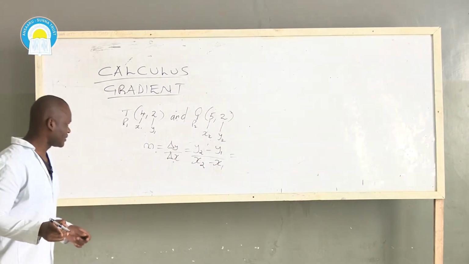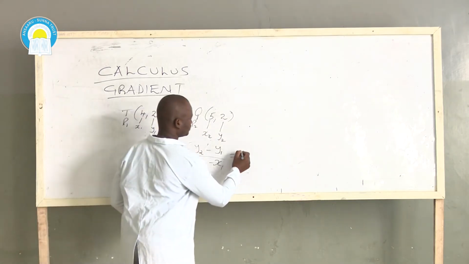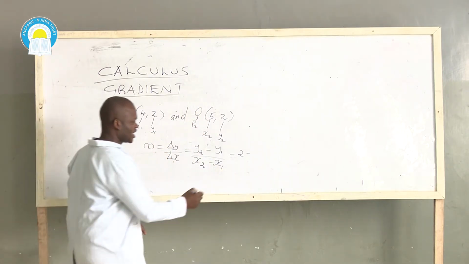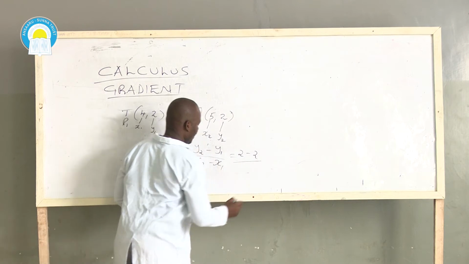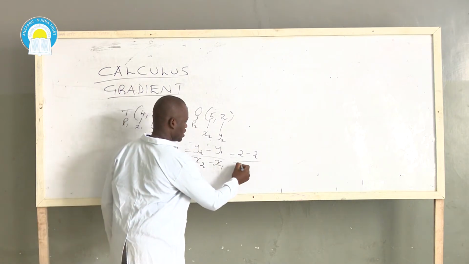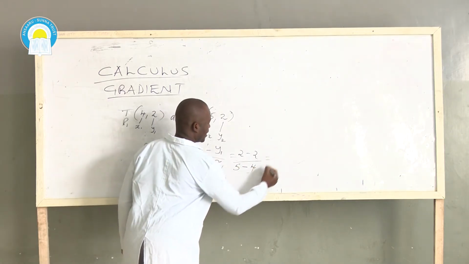Then our substitution: y2 is given by 2, y1 is also 2, x2 is given by 5, and x1 is given by 4.